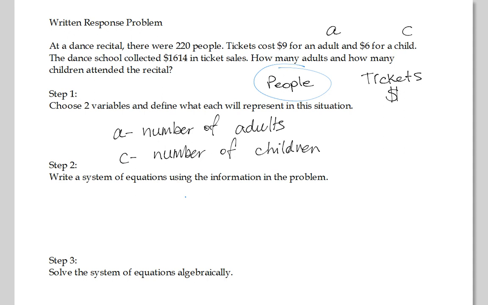For the 220 people, what does the 220 equal in total? How do you do a total? Add. So we have A plus C.